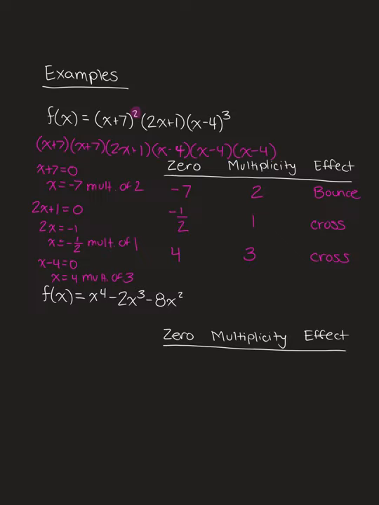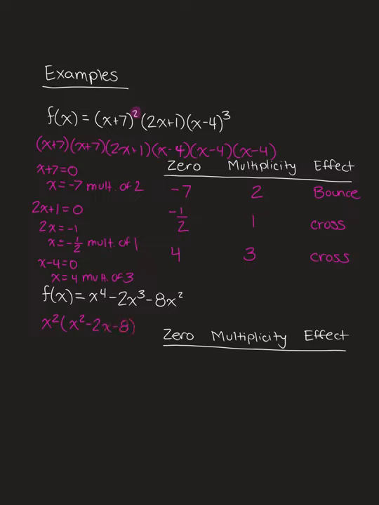Okay, now I want to show you one where you have to factor in order to find your zeros. So I have x⁴ − 2x³ − 8x². So I can factor out a greatest common factor of x², and I will get x²(x² − 2x − 8).